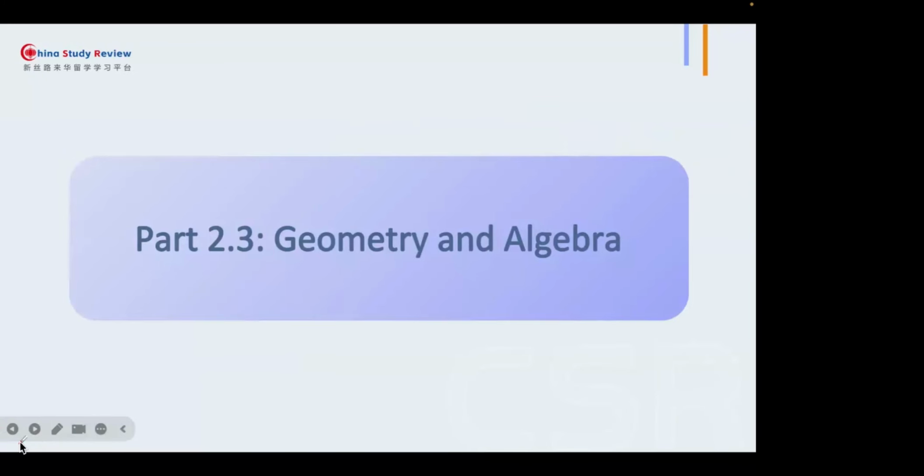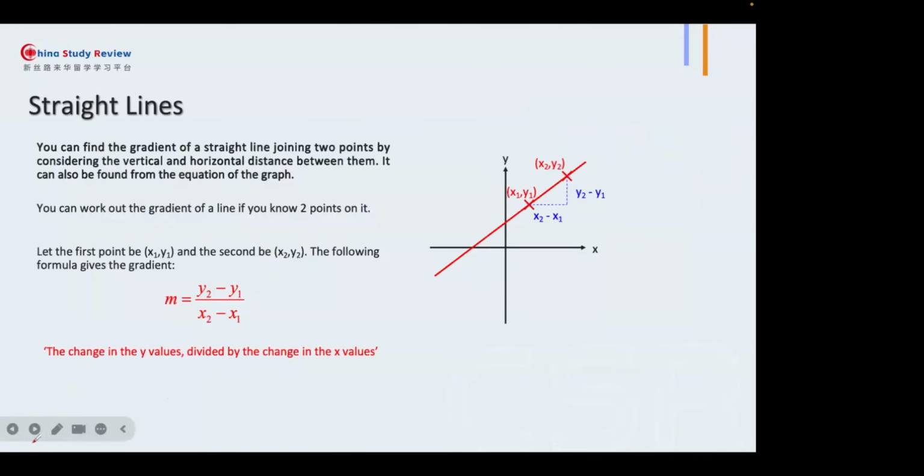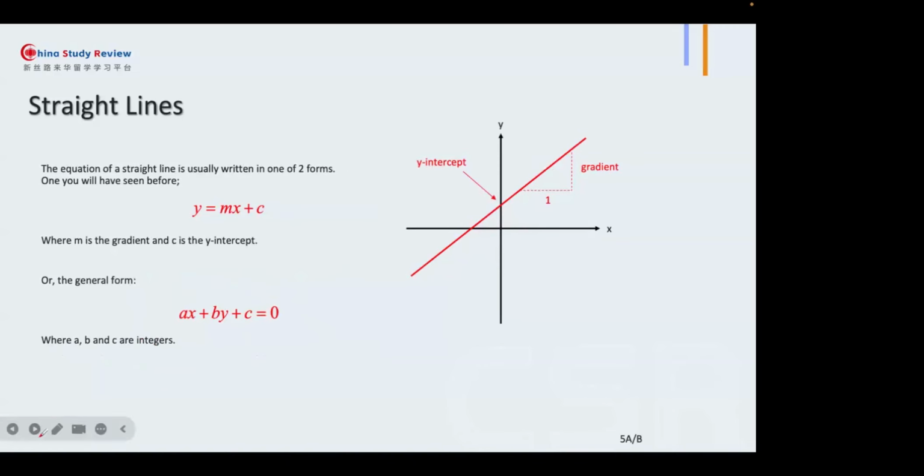And the third part, geometry and algebra. In this part, firstly, you need to learn how to calculate the equation of straight lines. So this one is actually your gradient, or let's say your slope, and also the intercept, how to calculate your y-intercept, x-intercept, how to use this kind of slope and intercept to calculate the equation of a straight line, and how to change it into the general form, for example, here, right?